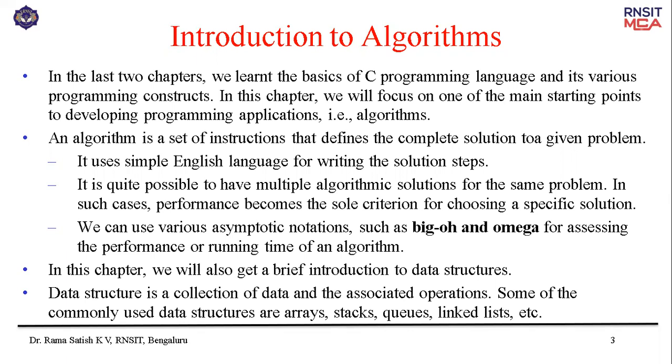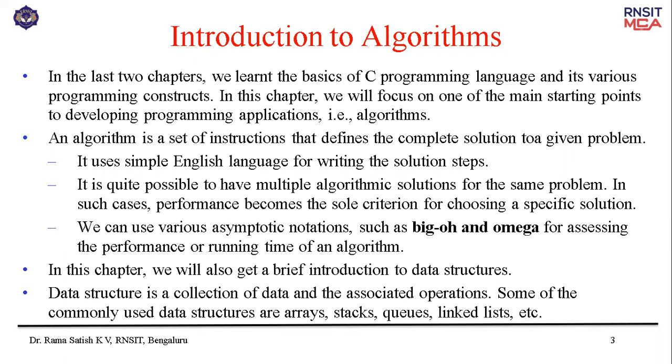In this chapter, we'll also get a brief introduction to data structures. And you know very well, a data structure is a collection of data and the associated operations. It's a collection of data plus its operations.